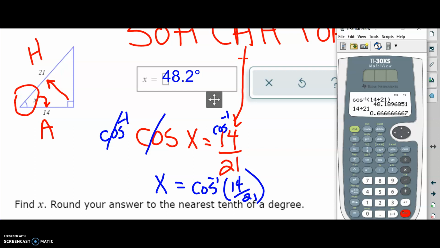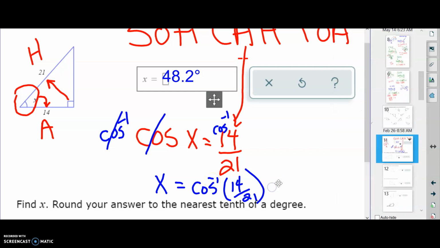Then your calculator needs to be turned on its side so it's laying flat, because then you should get a whole bunch more buttons, okay? And then you find the second button, hit that, and then your cosine with the little -1. And it should give us that same answer as we had here, which was 48.19.